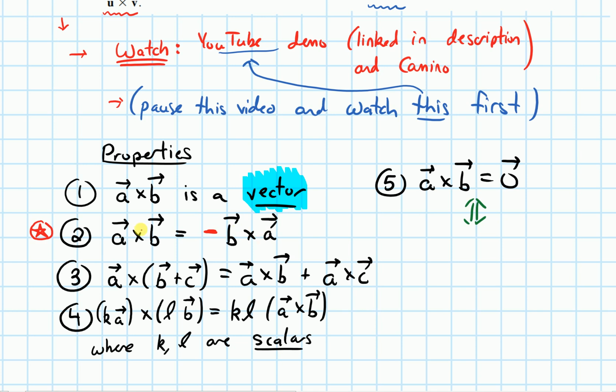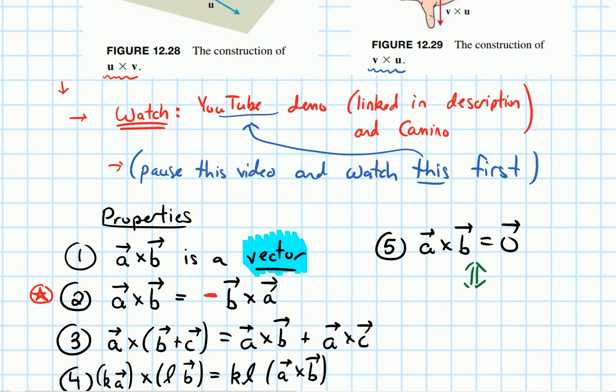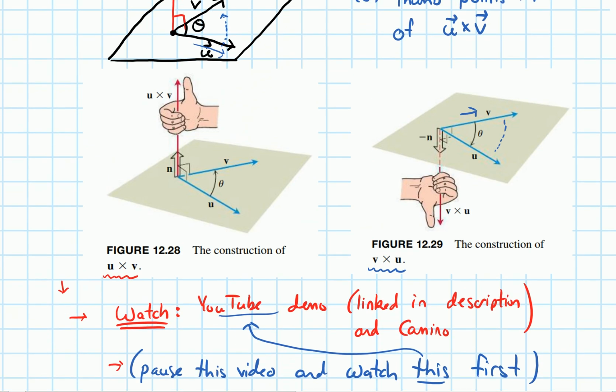If you were to switch the order, you end up with the negative of what you would have gotten had you done it in the initial order. And we see that in this picture here. When you do U cross V, we got a vector pointing upwards. When we do the other order, V cross U, we ended up with the negative of that, so pointing in the opposite direction.